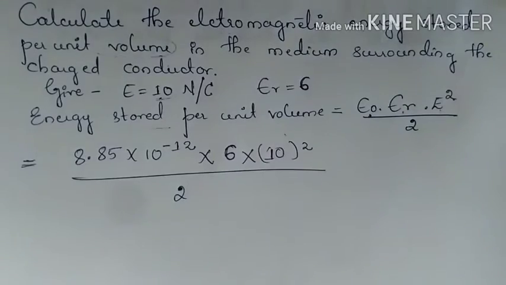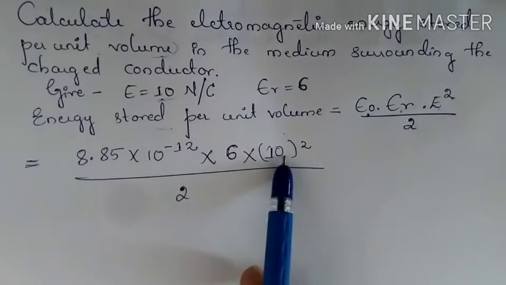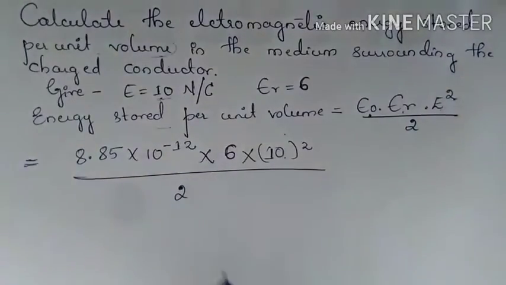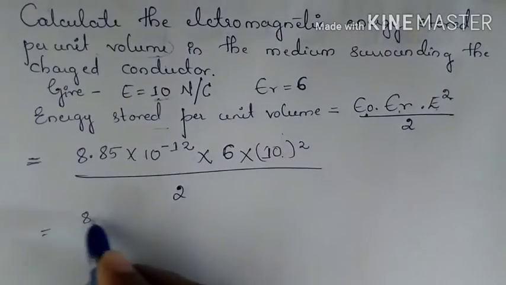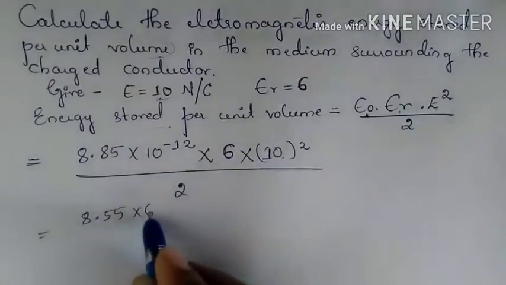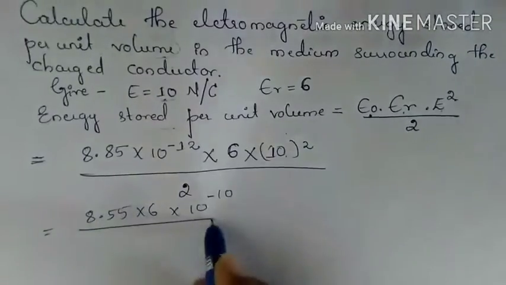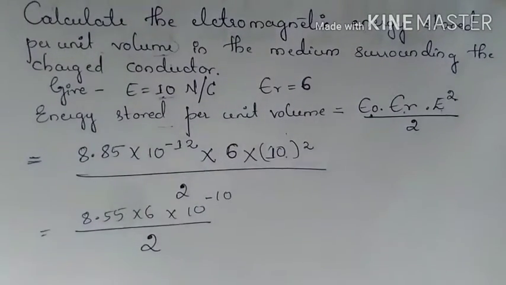So what is left? Here you have 10 square, here you have 10 power minus 12. So that means you can write 8.85 into 6 into 10 power minus 10, which is divided by 2.